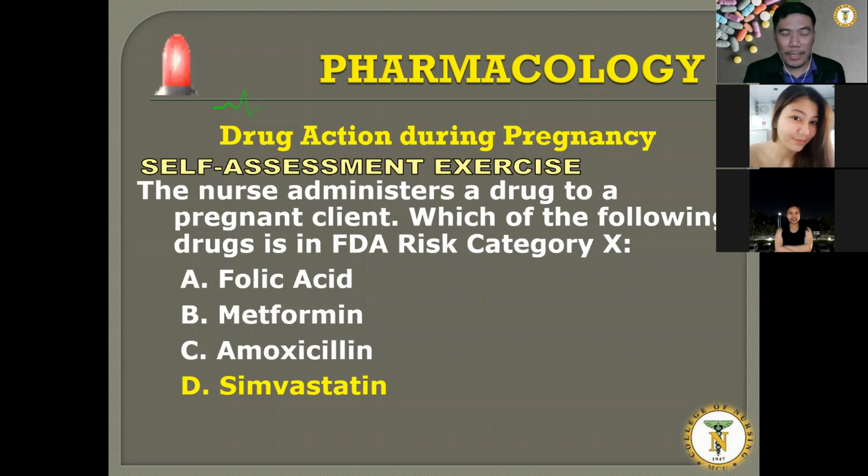Metformin is categorized as category B. It is safe but no adequate studies. Okay, it may be category B and may need further monitoring. Amoxicillin is also category B. It failed to demonstrate risk but no adequate studies.